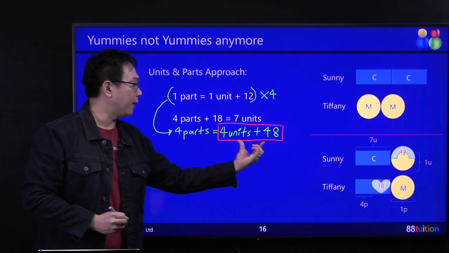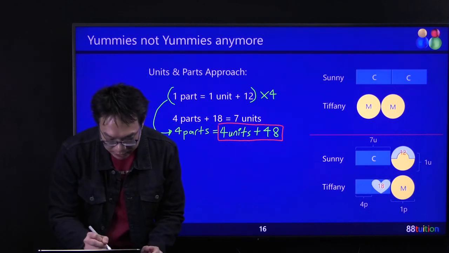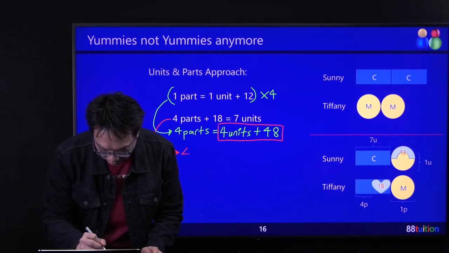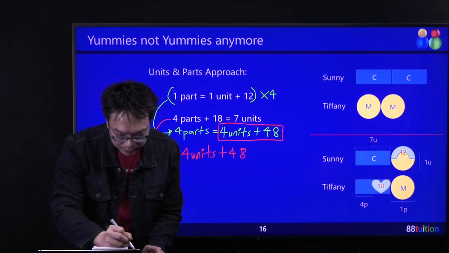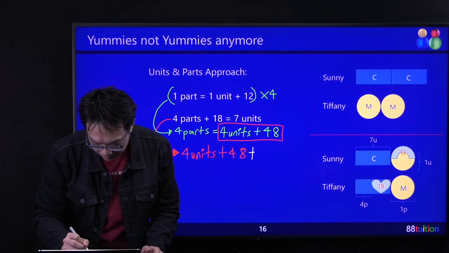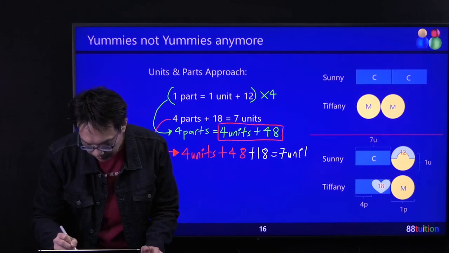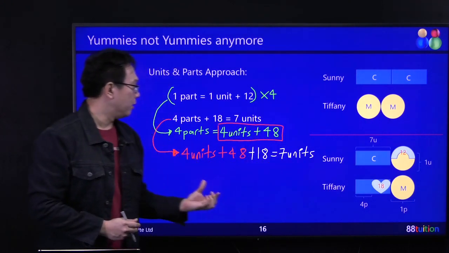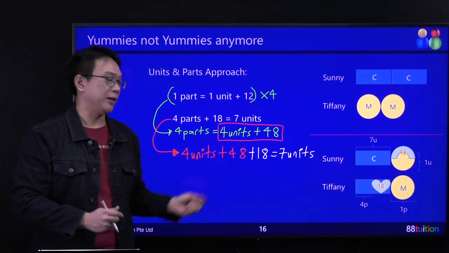Yes, because they are the same thing, right? 4 parts can be rewritten as 4 units plus 48. Then you have your plus 18 here is equal to 7 units. Can you see the color coding? The plus 18, I copy it down, and these 4 parts I represent as 4 units plus 48.